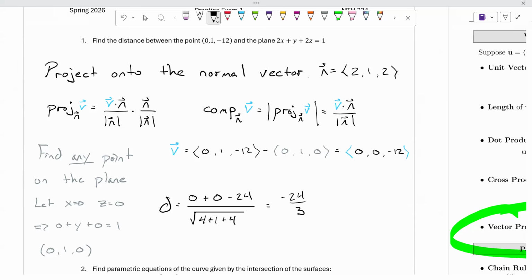When we're looking for the distance from a point to a plane, we're really looking for the absolute value, just the magnitude of that distance. So when I'm looking for the distance, I'm going to take the absolute value of my dot product. So the absolute value of negative 24 is just positive 24, and then 24 over 3 is 8.